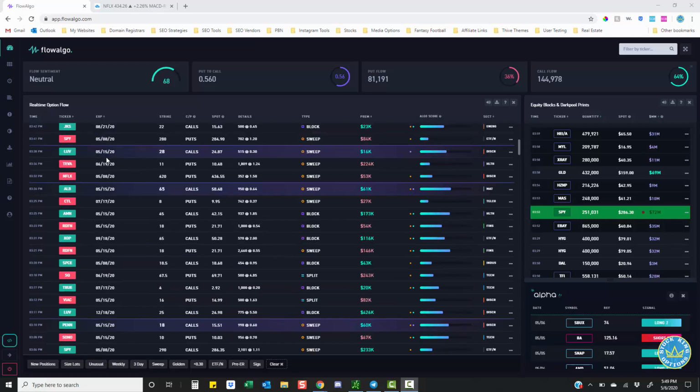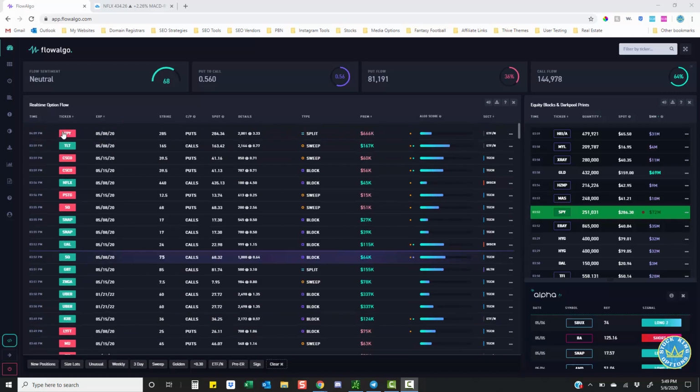These are the specific order flows which come in: their symbol, the time, expiration date, strike price, call or put, the price at which the stock was when the option was bought, the contracts, and at what price those contracts were. Split, sweep, block, I will actually describe that in another video. It shows the premium, the algo score, which is in beta, and the given industry that it's in.